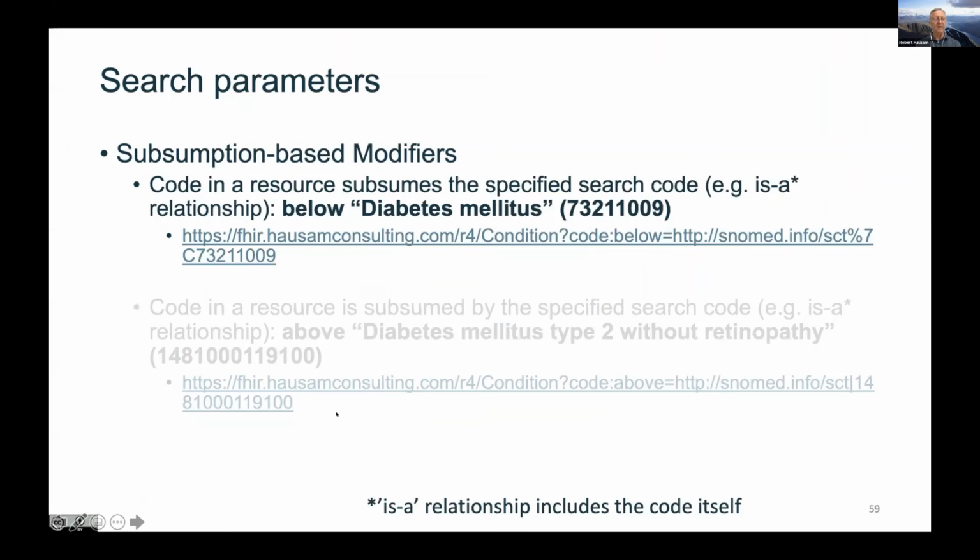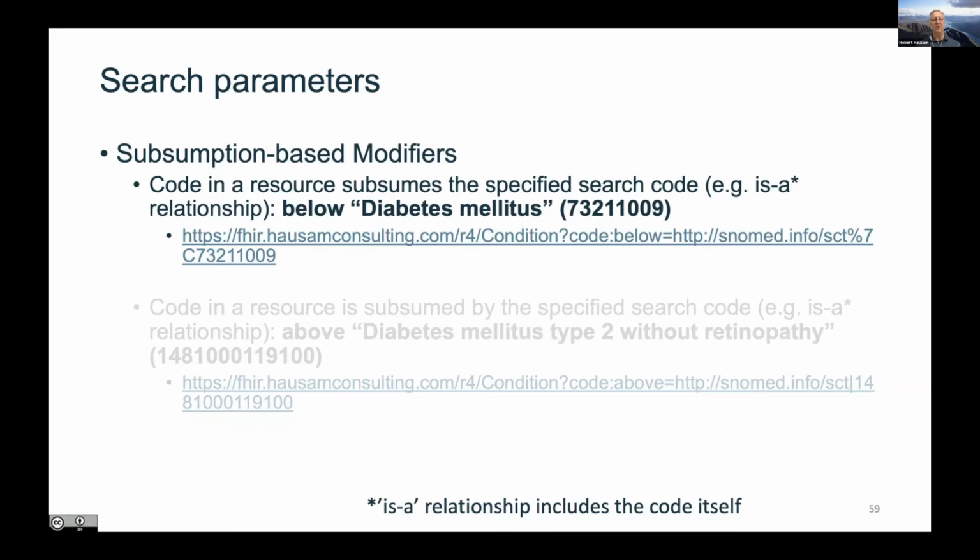So then we can move on one more step and look at subsumption-based modifiers. This is something where I haven't really defined a value set for this, but I know SNOMED can deal with this. And I just say, I want to find all of my conditions that are some type of diabetes mellitus. I don't have a value set that I'm going to specify.